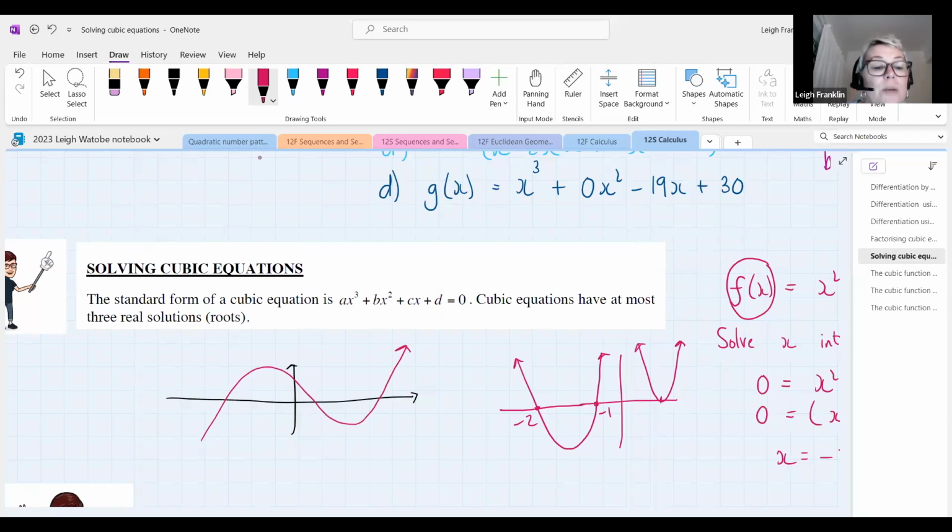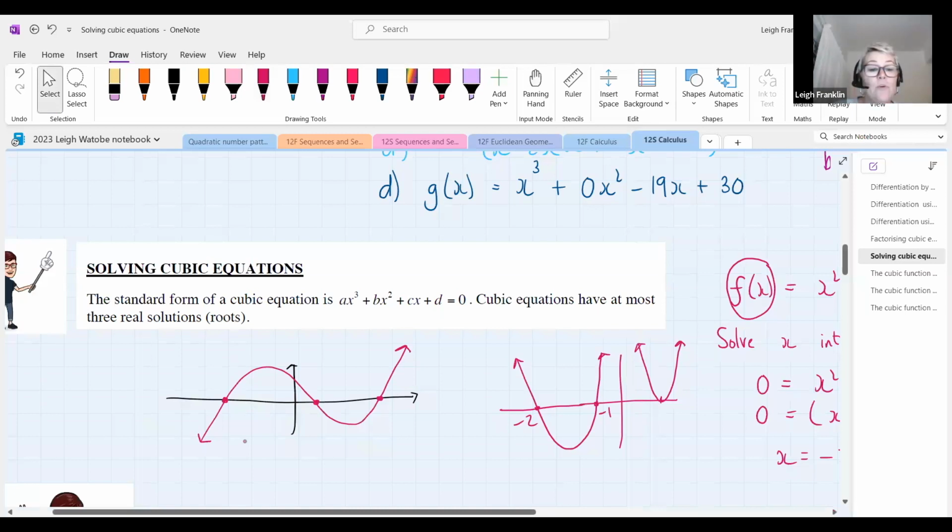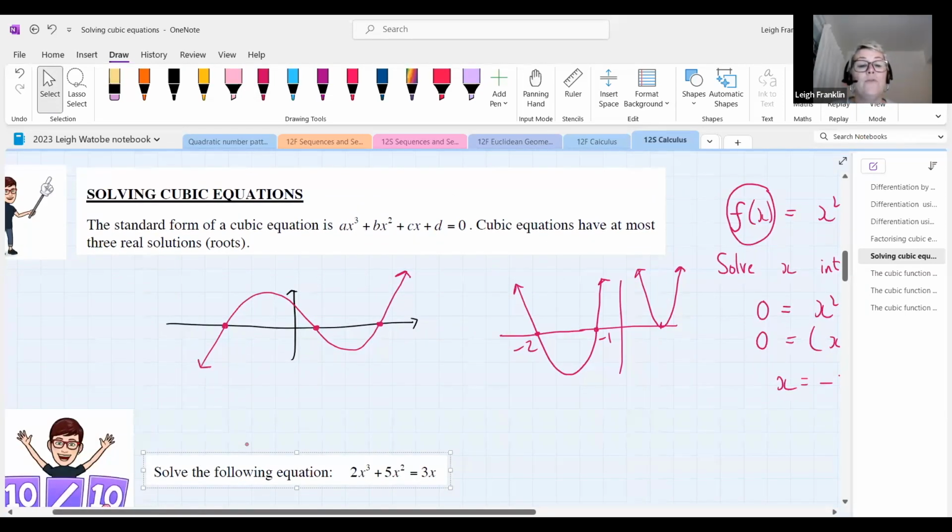Well, this is one of the shapes anyway. If we want to find its x-intercepts, can you see that there could be up to 3 different x-intercepts? So when you are solving a cubic equation, it can have 3 x-intercepts, or it could have 2 x-intercepts.